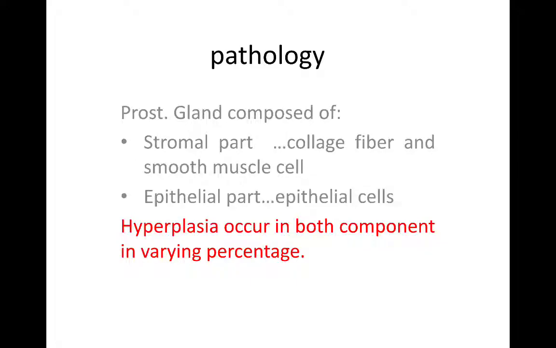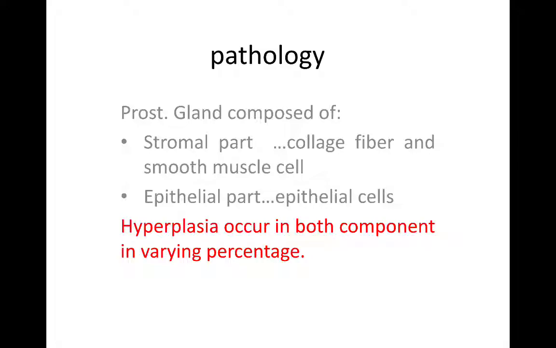Pathology. The prostate gland is composed mainly of two parts, a stromal part and an epithelial part. The pathology of the prostate gland is very important in the treatment of benign prostatic hyperplasia.